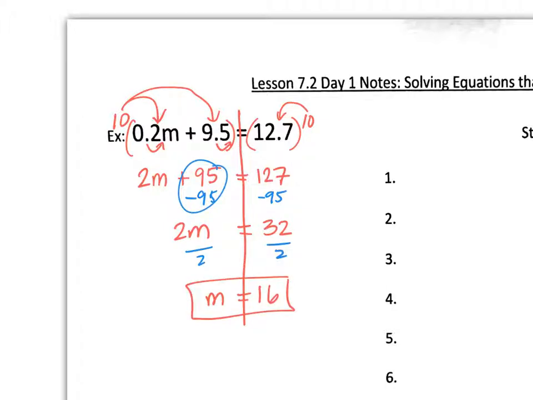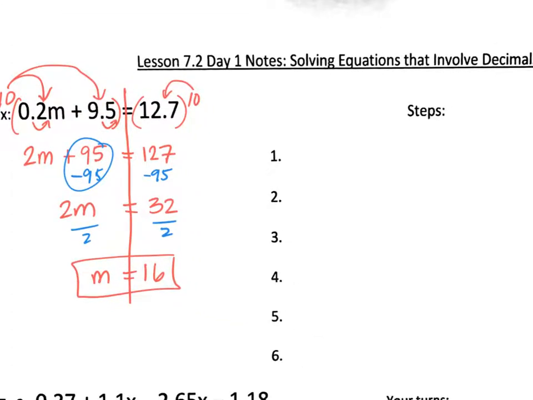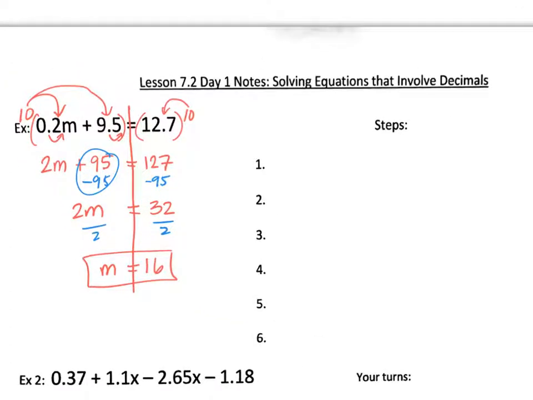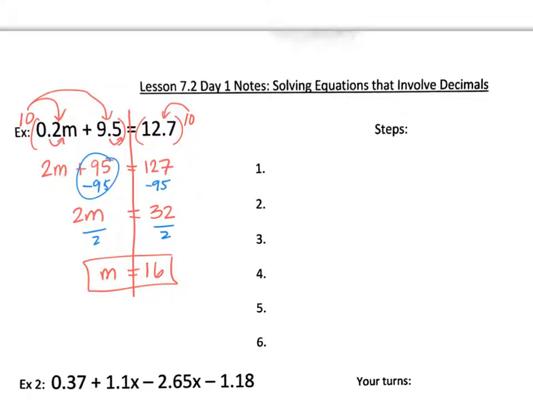Okay, so let's go through what the actual steps are. Remember at the first step, we had to multiply to get rid of our decimal. So please go ahead and copy. We're going to multiply by 10, 100, 1,000.